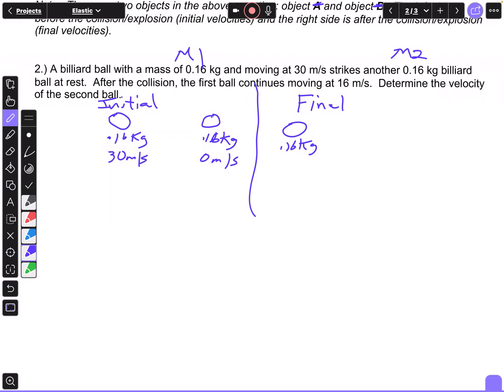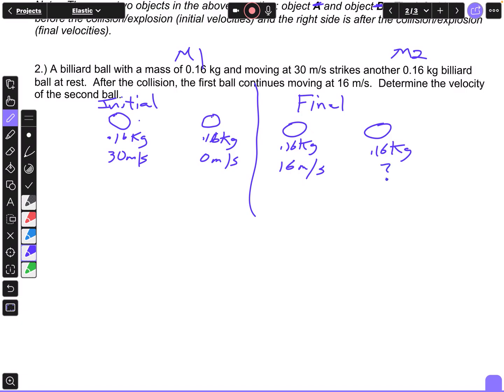So that would be 16 meters per second. And the other ball is 0.16 kilograms. We don't know what its velocity is. That's what we're looking for.